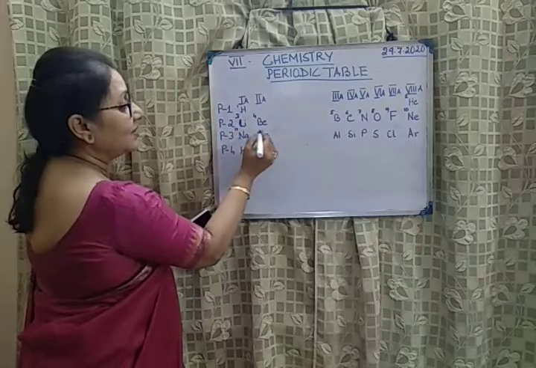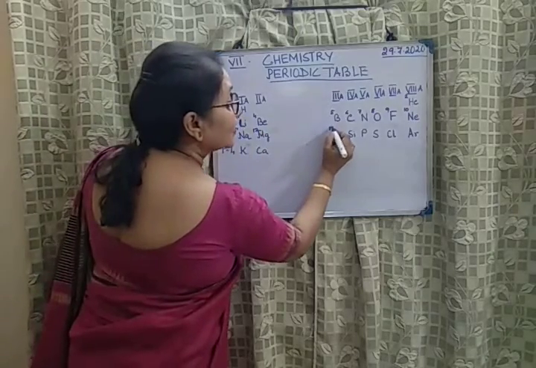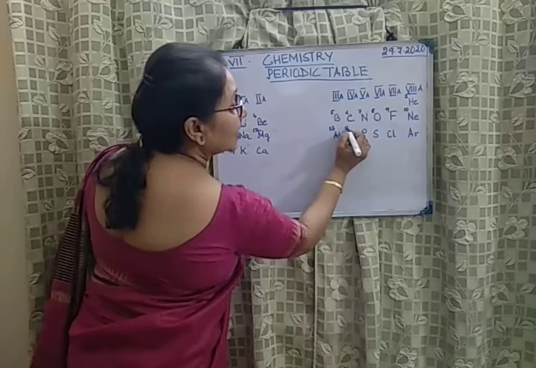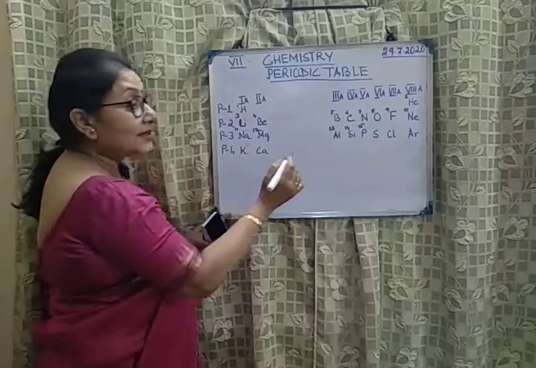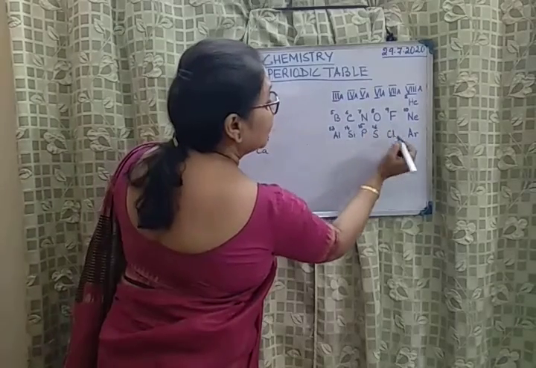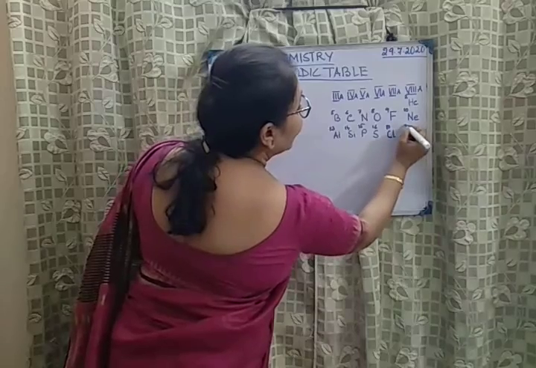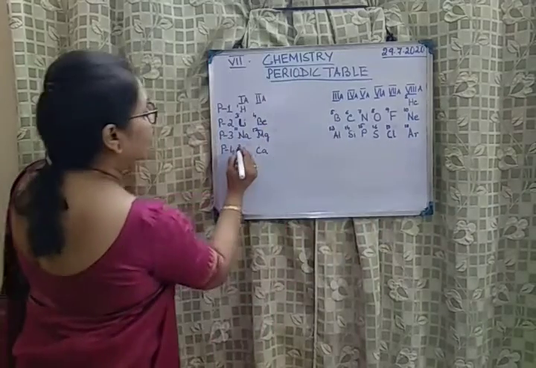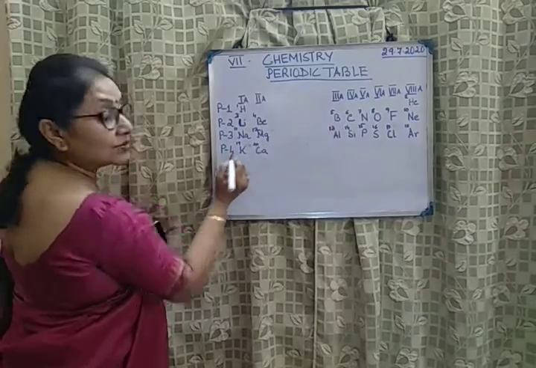Sodium has 11, magnesium has 12, aluminium has 13, silicon has 14, phosphorus has 15, sulfur has 16, chlorine has 17, argon has 18, potassium has 19 and calcium has 20.